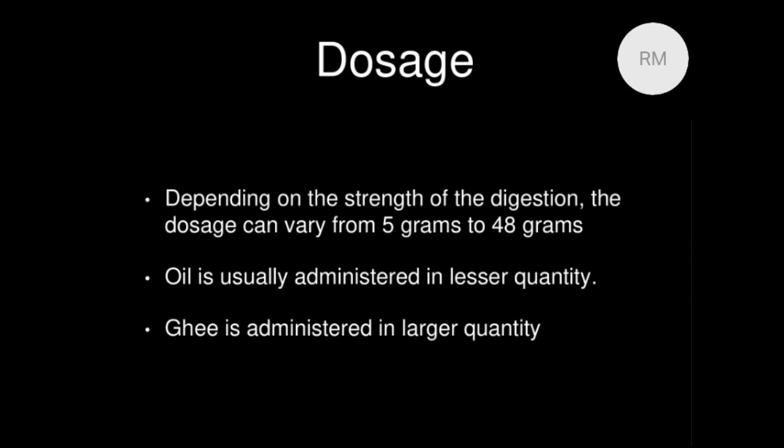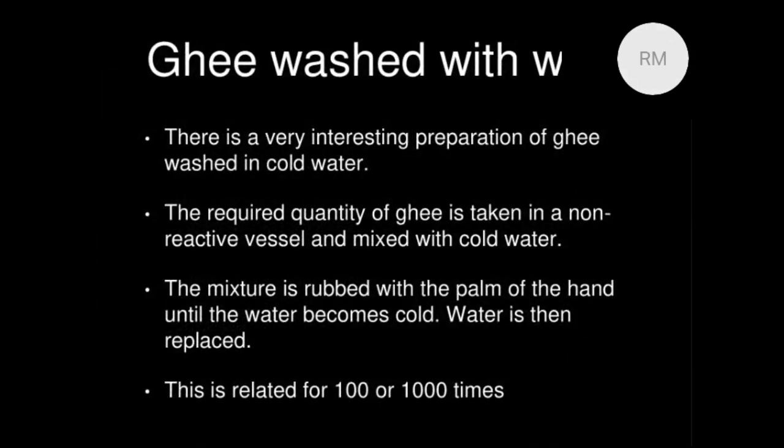Now, it's a very interesting preparation. This is something which, if you want, you can make at home, but you need a lot of patience to do this. This is also an illustration in Ayurveda of how simple methods of processing can completely change the properties of substances.